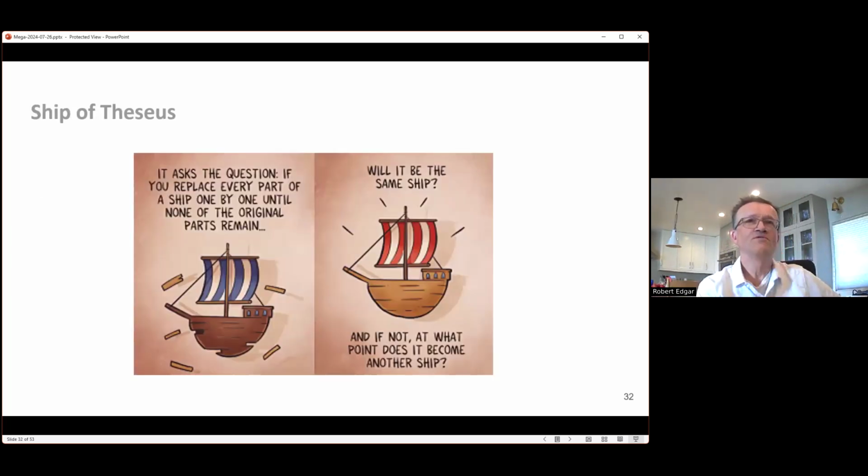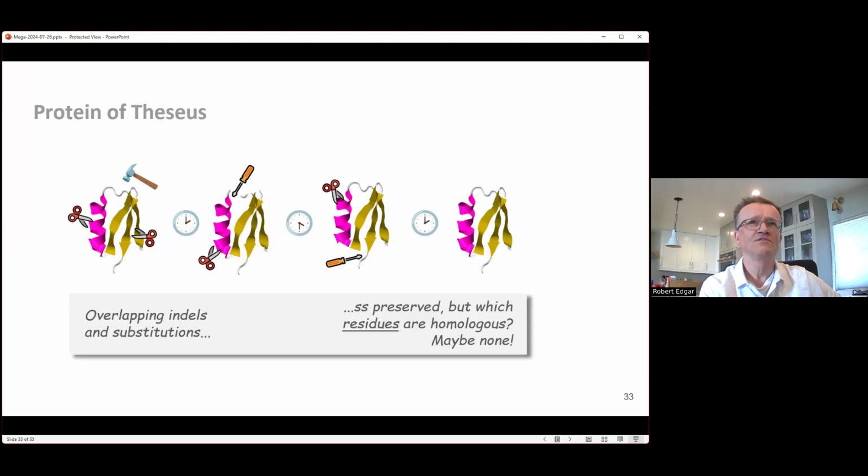And I'm sure you're aware of the paradox of the ship of Theseus. You have your old ship and it keeps getting repaired, and sooner or later, you still have the same ship. And there is the less well-known protein of Theseus. Over long evolutionary time, things happen, it gets dinged around, it gets repaired.